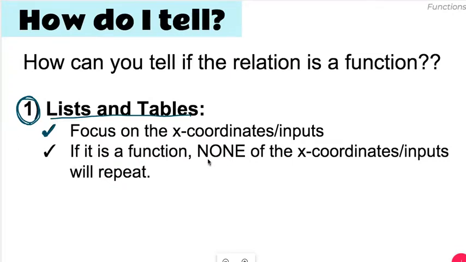If it's a function, none of the x coordinates will repeat. Okay, so these 2 things will help you decide if a list of points or a table of inputs and outputs makes a function or not. We're going to practice this, but for now, get this information down.